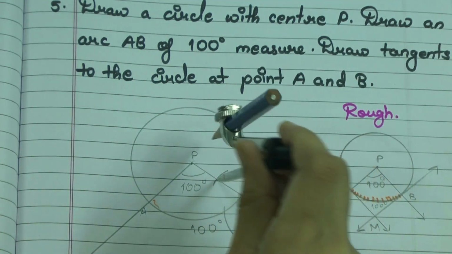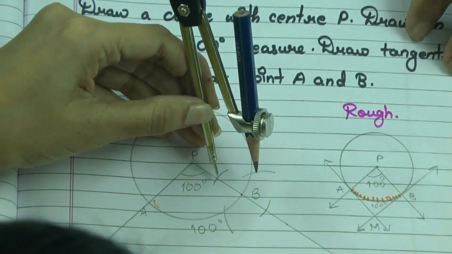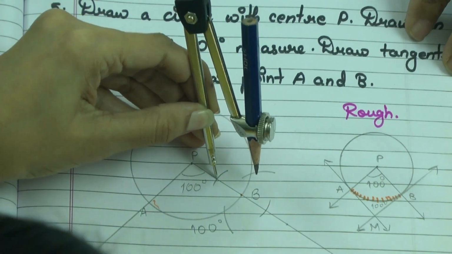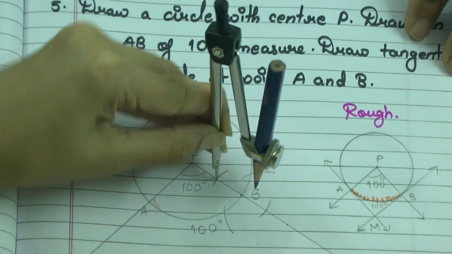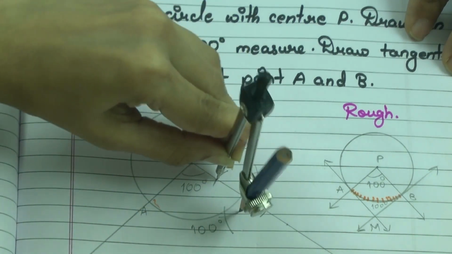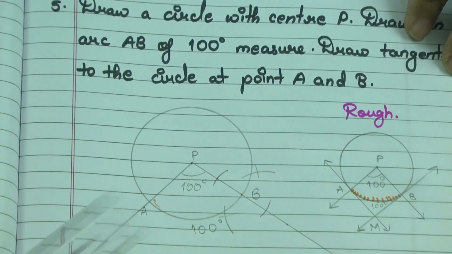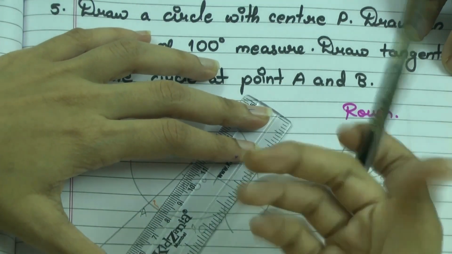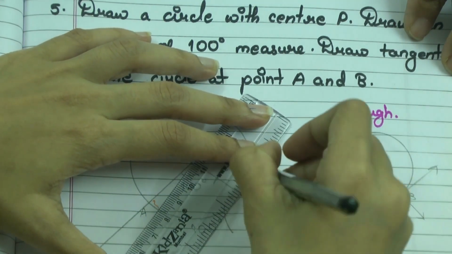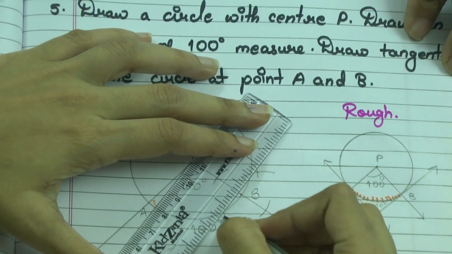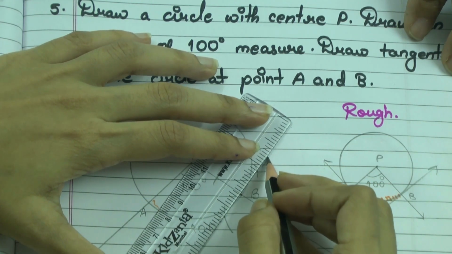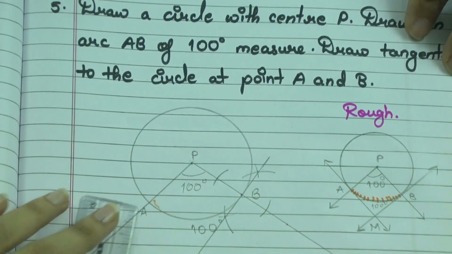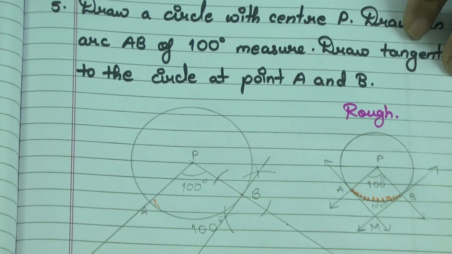Keep the pointer on the other side, exactly where the arc is intersecting the line. Give an arc above and give an arc below, join these two arcs. This is the required tangent. Properly keep the scale at point B. This is the required tangent which is passing from the point B.